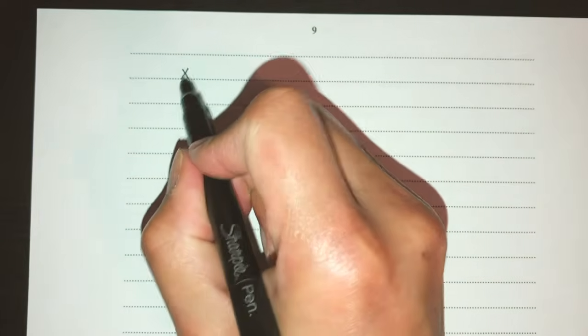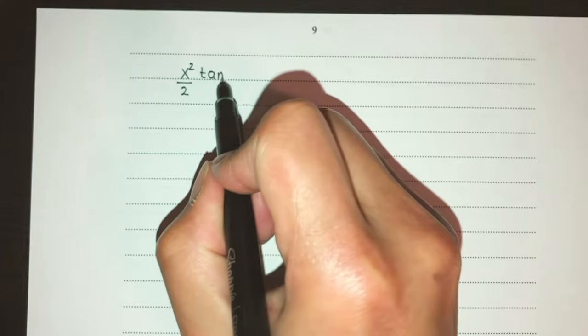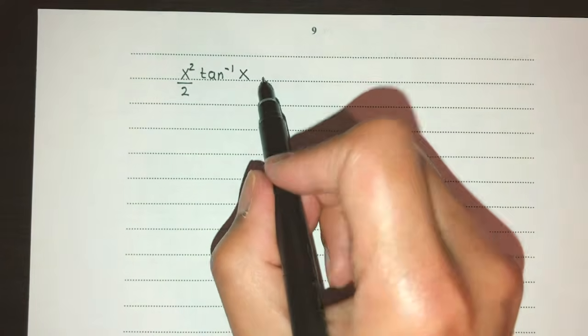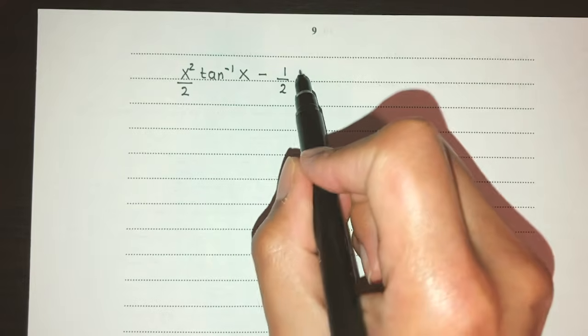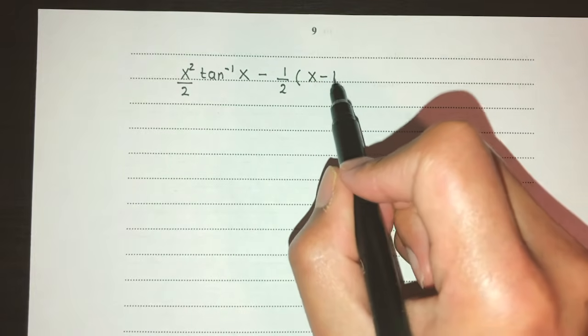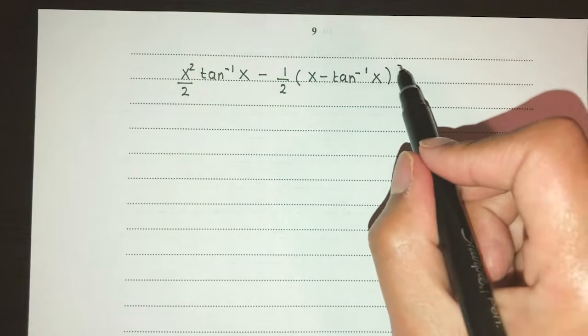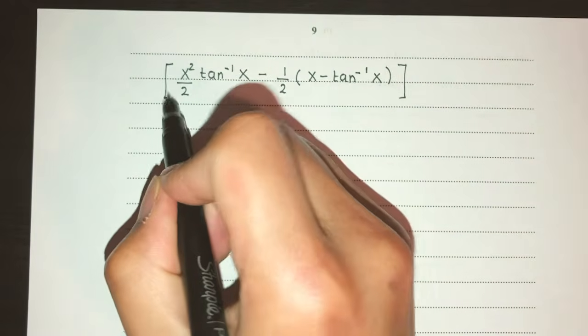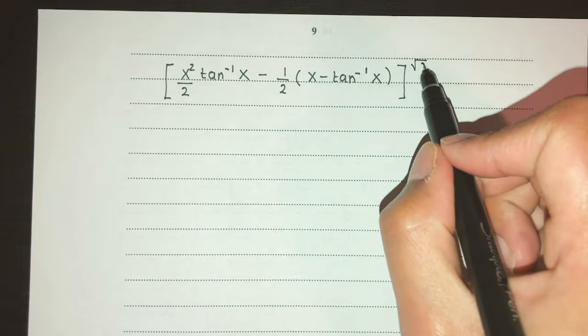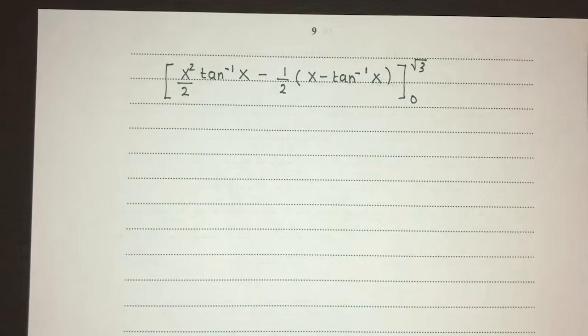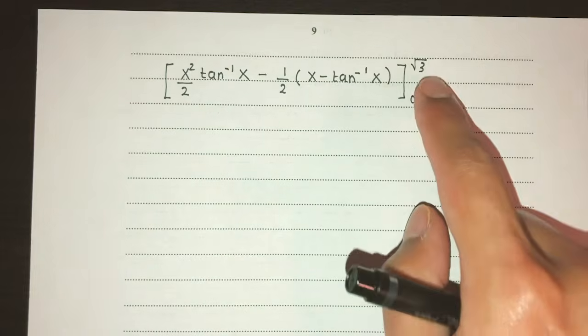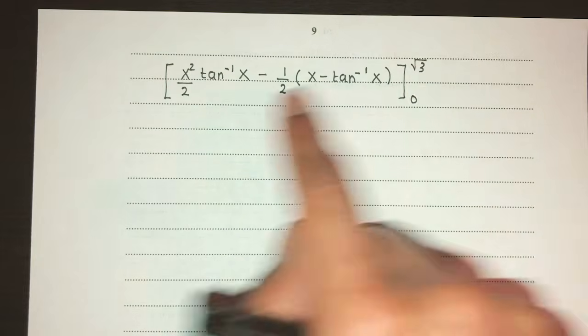So basically, right now we have x squared over 2 tan inverse of x minus half times x minus tan inverse of x. Of course, we have to write down the limits between root 3 and 0. Now, one by one, we have to simplify. First, put the value of root 3 in the values of x.